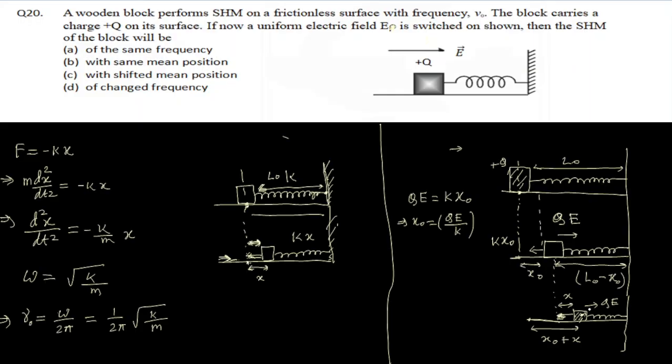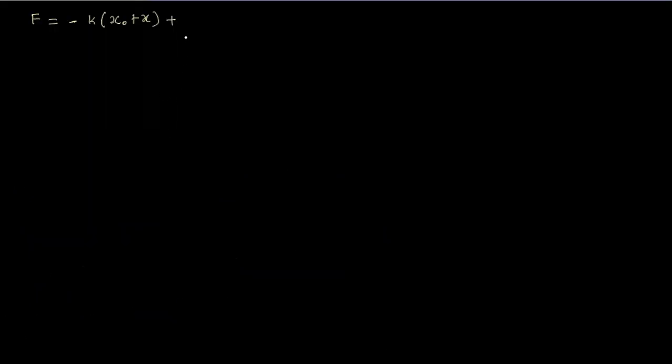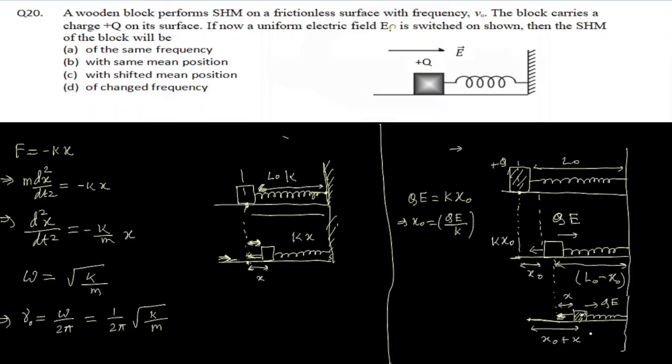We also have, because of this electric field, a force which will be along the motion of the block. We are giving displacement towards the right, and this force is also acting towards the right, so we can write qE. That will be the net force on this charged particle at this position.